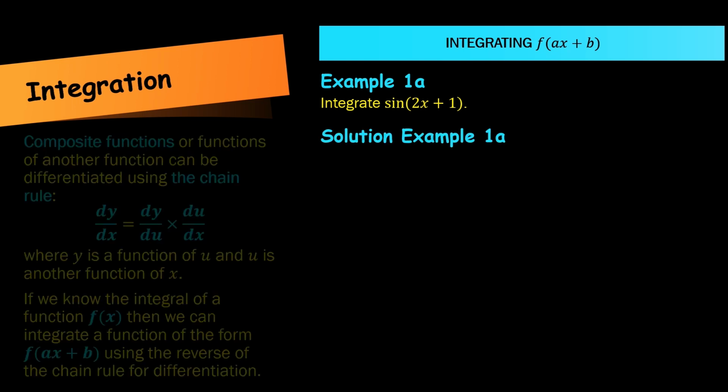So let's solve this. We begin by letting u equal 2x plus 1, so that we can differentiate or explore sin u or cos u. If we differentiate u with respect to x, we obtain du/dx equals 2.